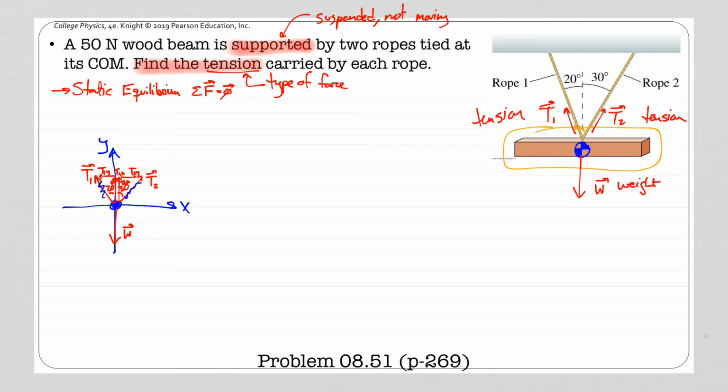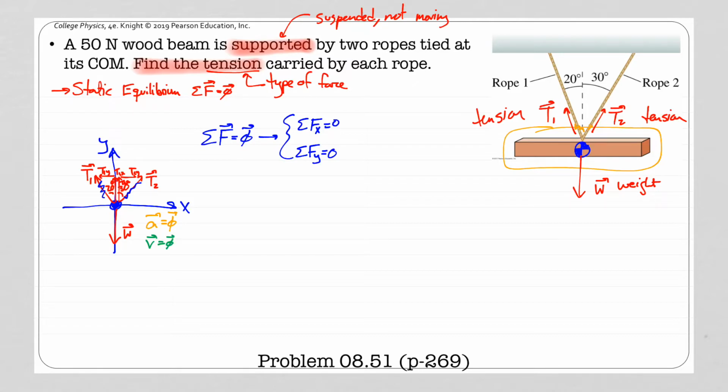And then we're going to apply Newton's second law, just like we've done before. We break our Newton's second law up into x and y components, since each component is separate. The only difference is that we have our null vector here, which means that all the forces add up to be zero everywhere, so that our acceleration ends up being zero in this case, as we are in static equilibrium.